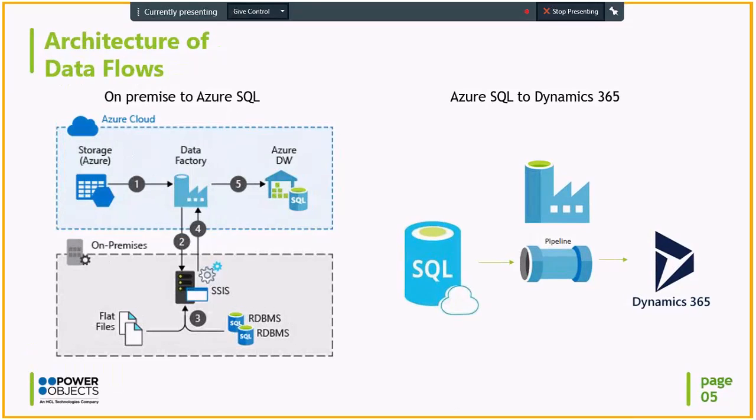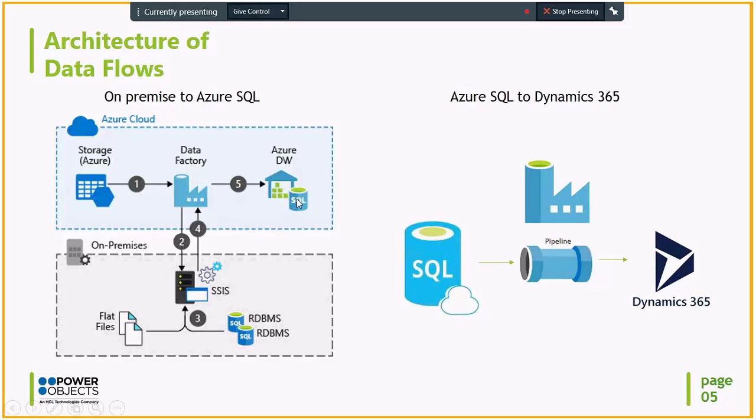So here is a simple architecture of how we can use Azure Data Factory to move the data from on-premise to the Azure cloud, or how we can move from Azure SQL to Dynamics. On the left side, you can see the files and databases available on-premise can be easily used by the data factory, and then we can easily move the data to a data warehouse, or even move this data to Dynamics 365.